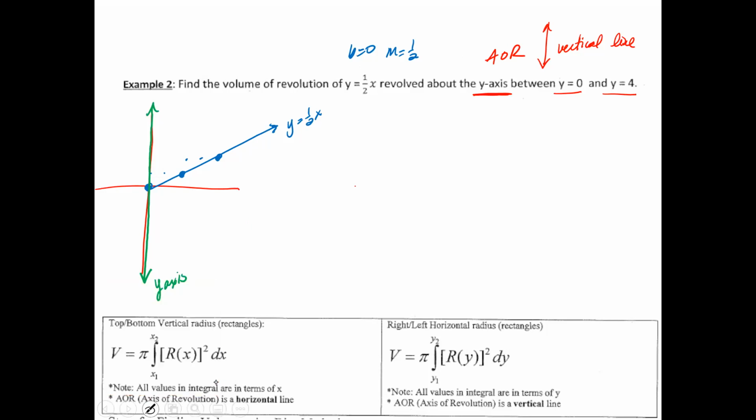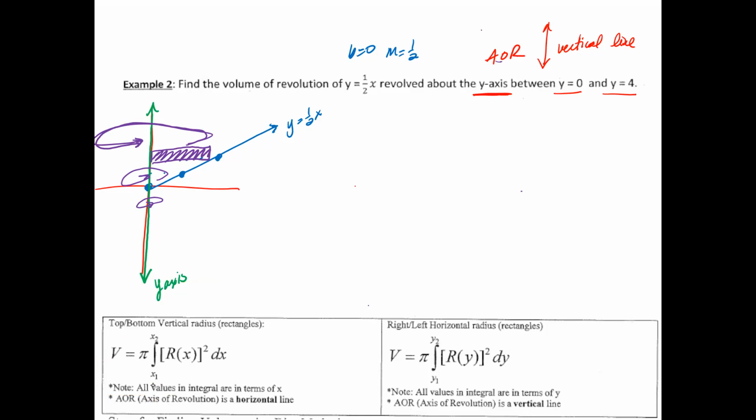From there, you're going to draw a rectangle like so. And if you imagine this going around, the axis of revolution is going to be this green line, and it's a vertical line because each disc is literally revolving around it.